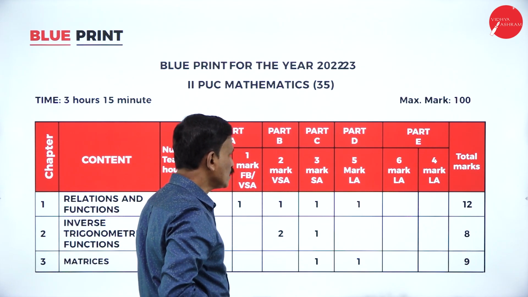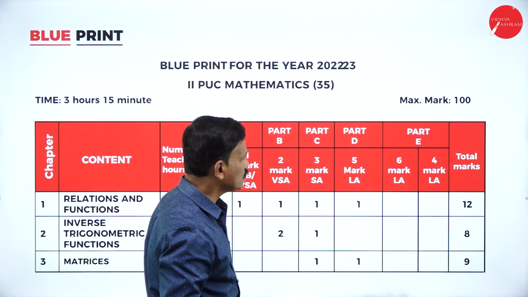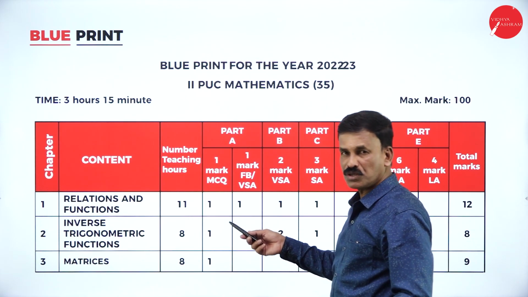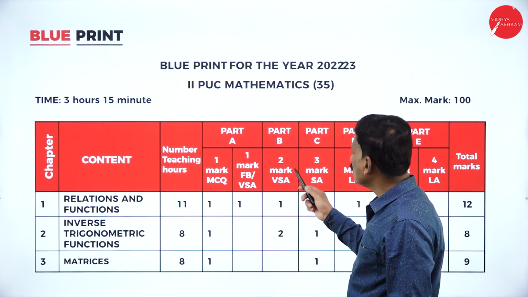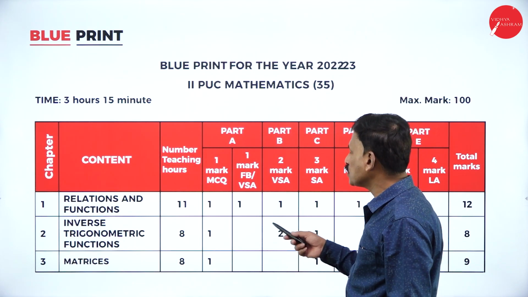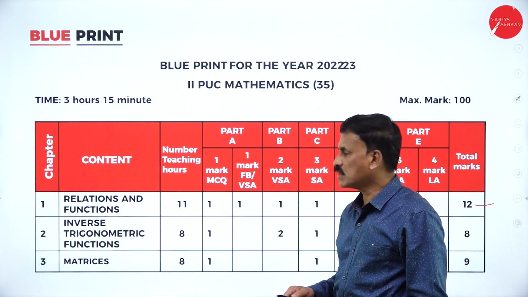Then part D has long answer questions and essay type questions for 6 marks and long answer questions even for 4 marks. So in relations and functions you are going to expect one MCQ and one 1 mark question, and 2 marks 1 question, 3 marks 1 question, 5 marks 1 question. So totally you will get 12 marks from relations and functions.